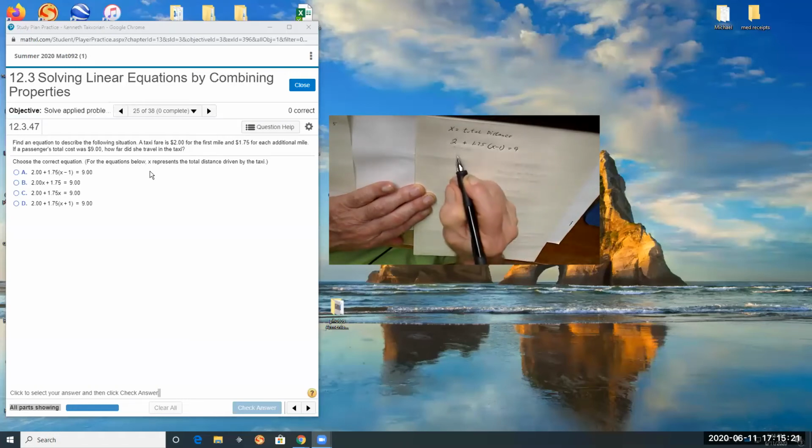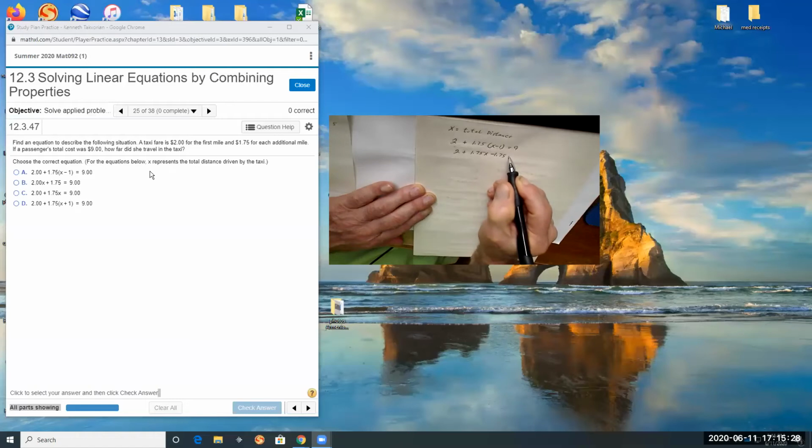The way we solve is to distribute: 2 plus 1.75x minus 1.75 equals 9. I'm going to combine the numerical values first. That gives me 0.25 plus 1.75x equals 9. I'm going to move the 0.25, so leave 1.75x there.